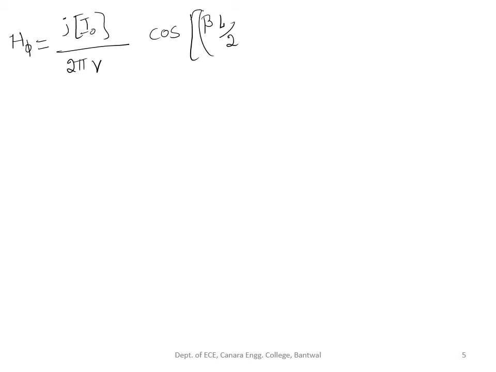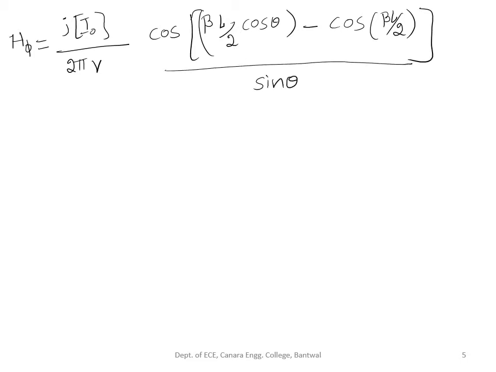Magnetic field of the antenna is given by j I naught divided by 2 pi r cos of beta L cos theta divided by 2 minus cos of beta L by 2, divided by sin theta.